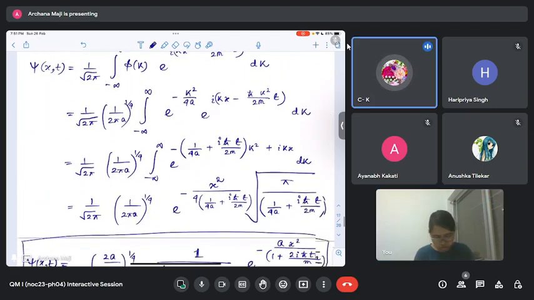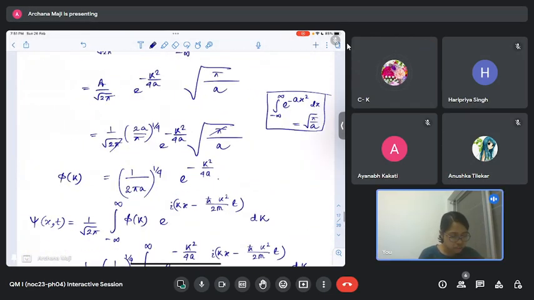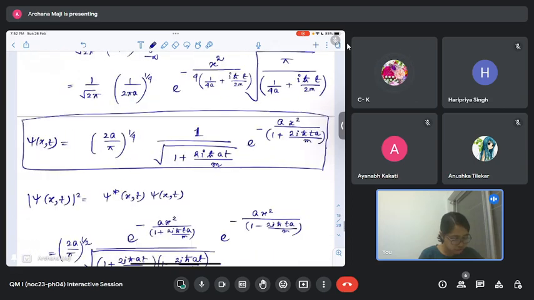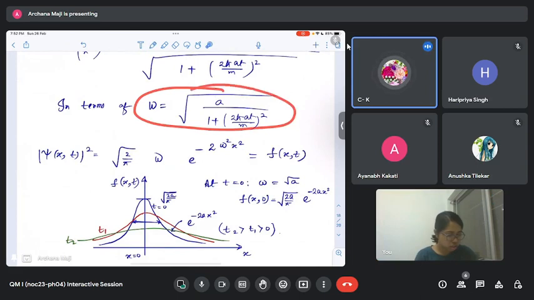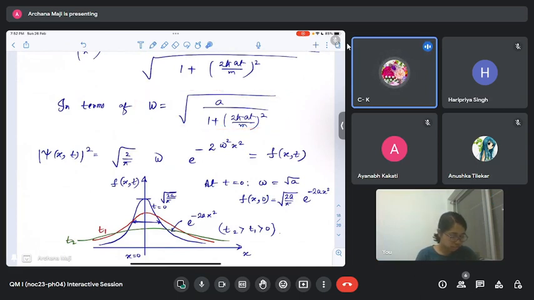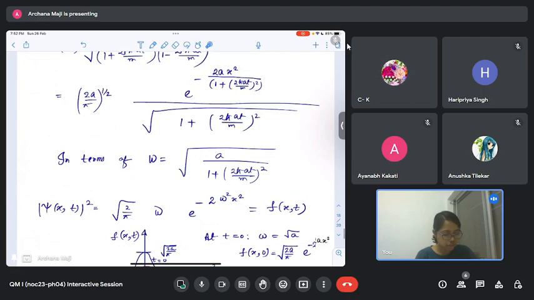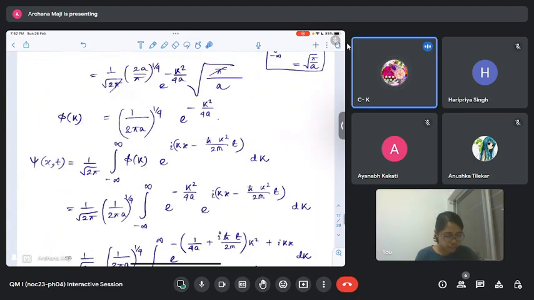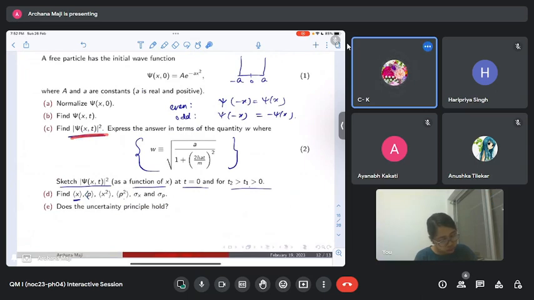Madam, what is the omega here? Is it an angular frequency? No. Omega is just a quantity which is defined like this. As time increases, omega is decreasing.